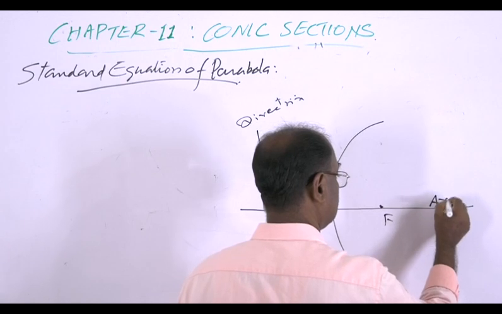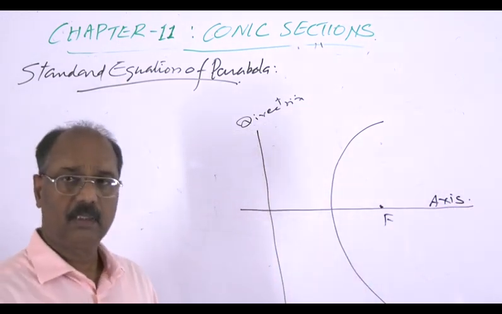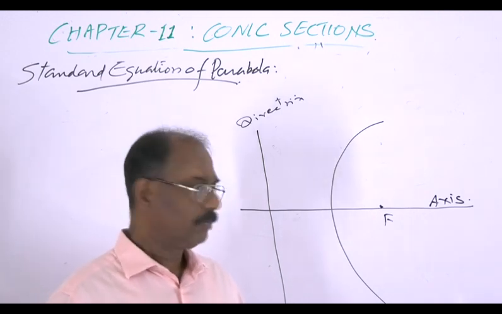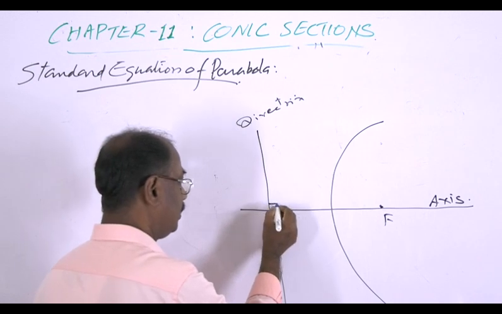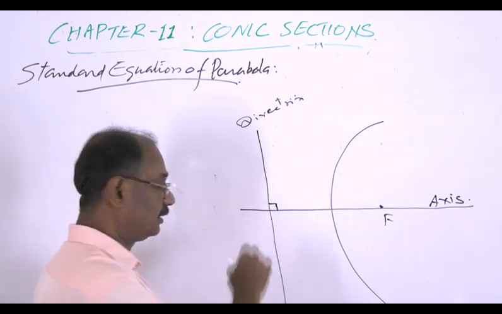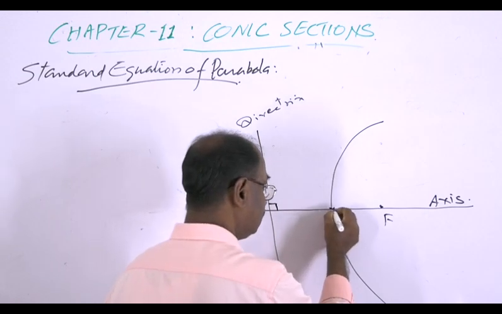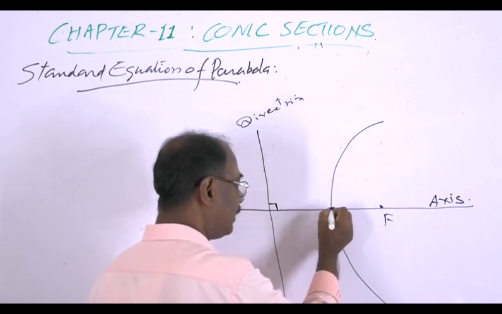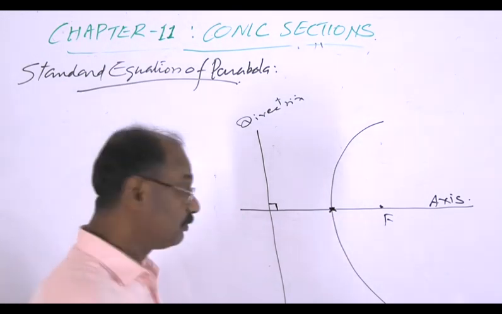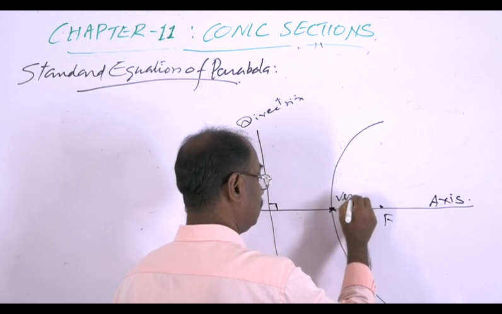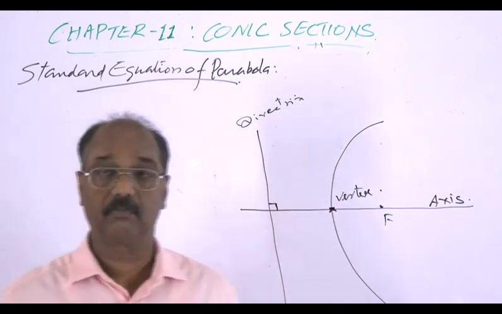The line passing through the focus perpendicular to the directrix. And the point of intersection of this axis with the parabola is called the vertex of the parabola.